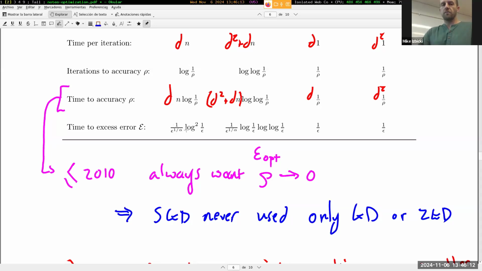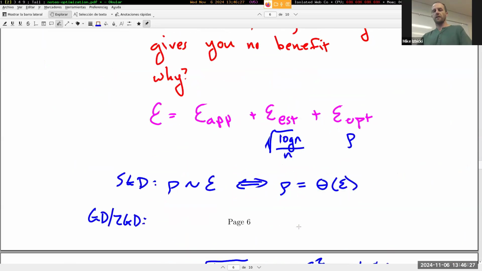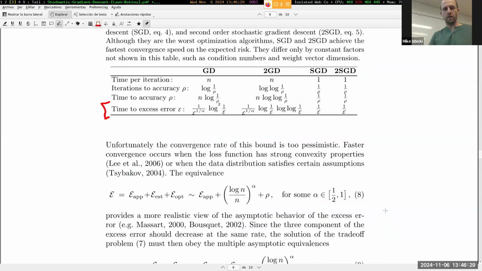One last algebraic subtlety here is that notice there's not a 2 right here, there's an alpha right here. The reason for that is Leon Bottou says that they want their alpha to be within 1/2 to 1.